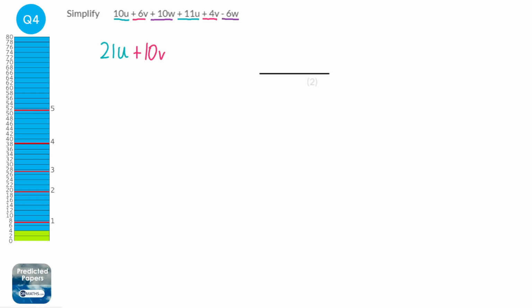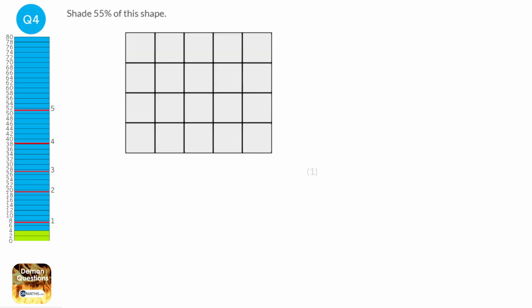So 10 take away 6 is 4w, so plus 4w. But we can't add a u term to a v term to a w term, so we have to just leave them be. So our answer is 21u plus 10v plus 4w. But we can multiply them, we just can't add or subtract them.